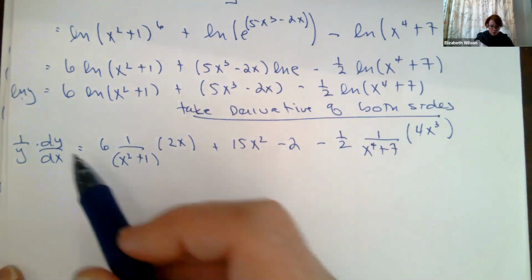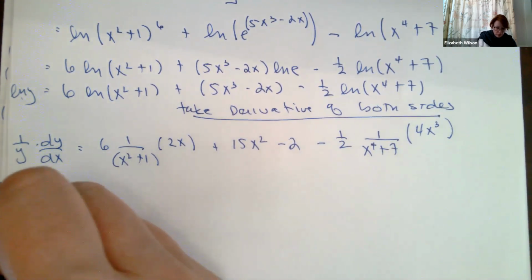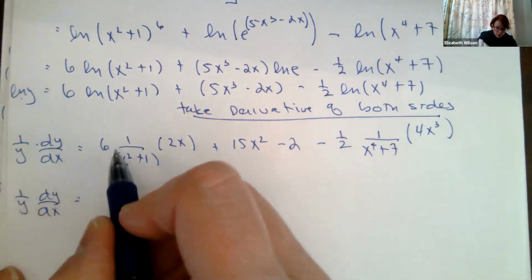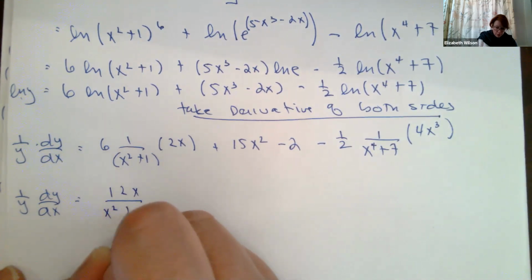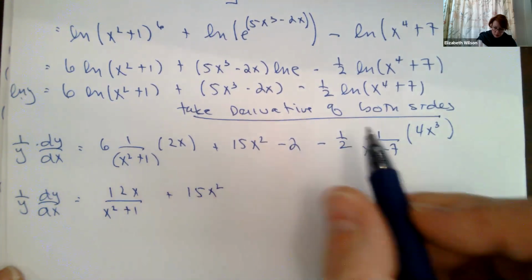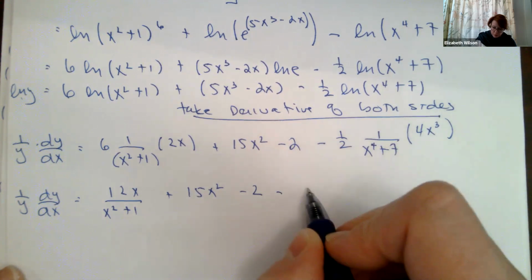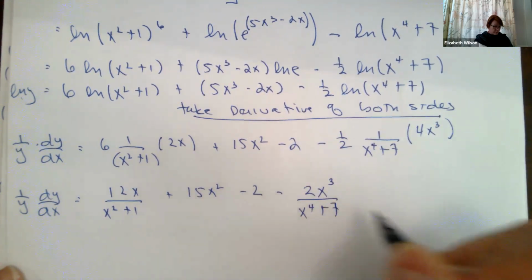So let's put things together, make it look a little nice. So 1 over y dy/dx equals, so 6 times 2x, this becomes 12x over x squared plus 1, plus 15x squared minus 2, minus, so 1/2 times 4, that becomes 2x cubed over x to the 4th plus 7.